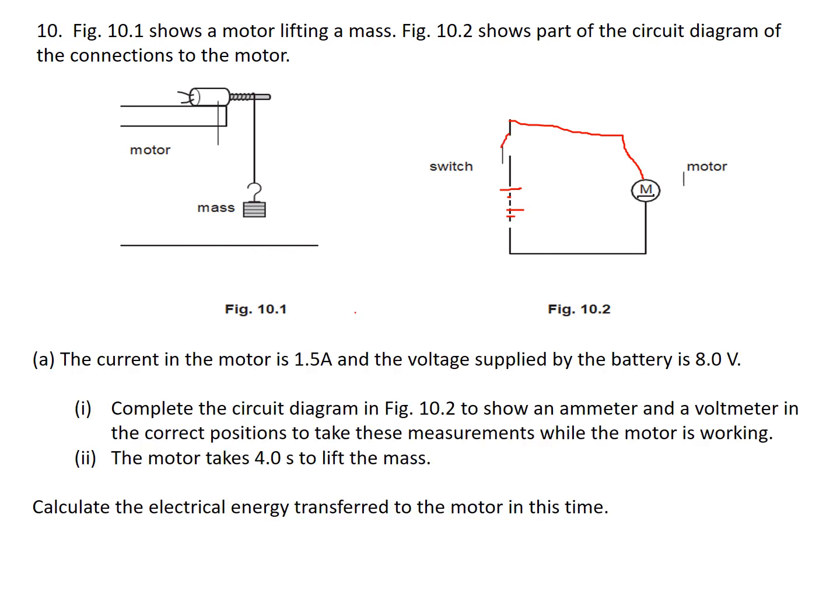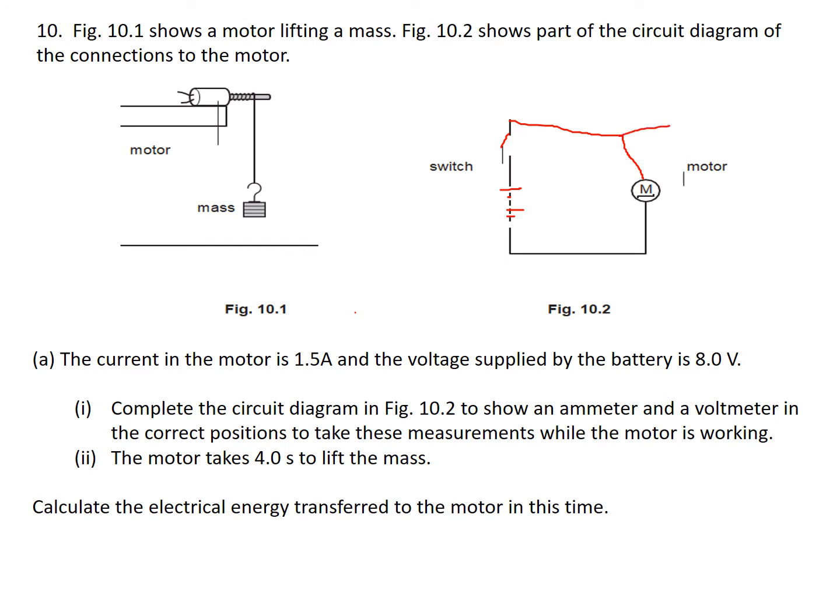Part A. The current in the motor is 1.5 amperes and the voltage supplied by the battery is 8.0 volts. Part 1. Complete the circuit diagram in figure 10.2 to show an ammeter and a voltmeter in the correct positions to take these measurements while the motor is running.